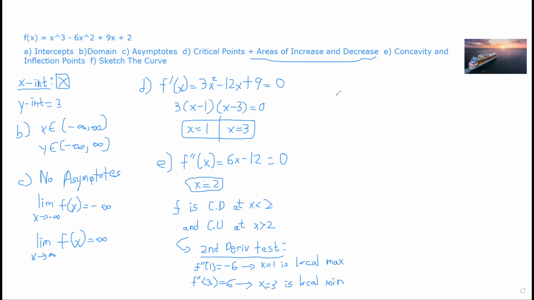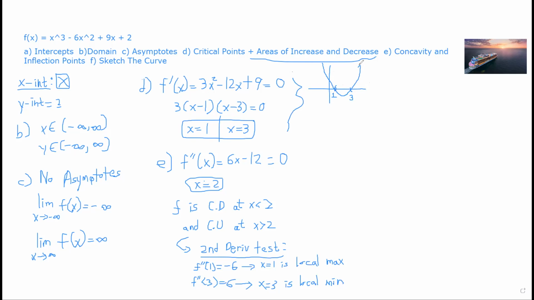Now back to areas of increase and decrease. The graph of 3x squared minus 12x plus 9, or x squared minus 4x plus 3, looks something like this, a parabola with roots at 1 and 3.